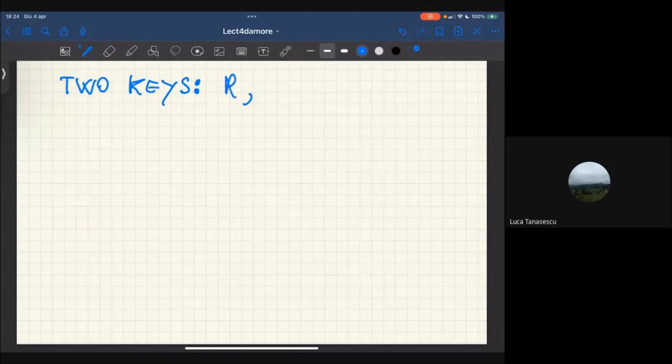These are the two keys. One is private and the other is public. Which one? I don't care. So R can be both the public or the private. And S is the opposite of R, of course.